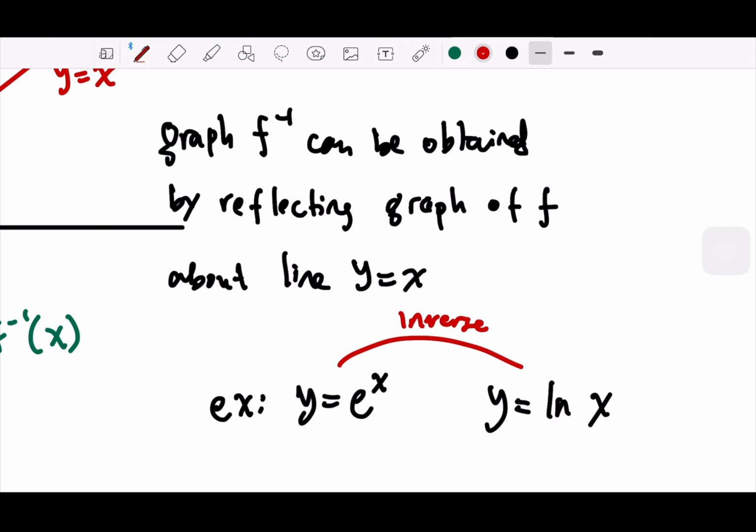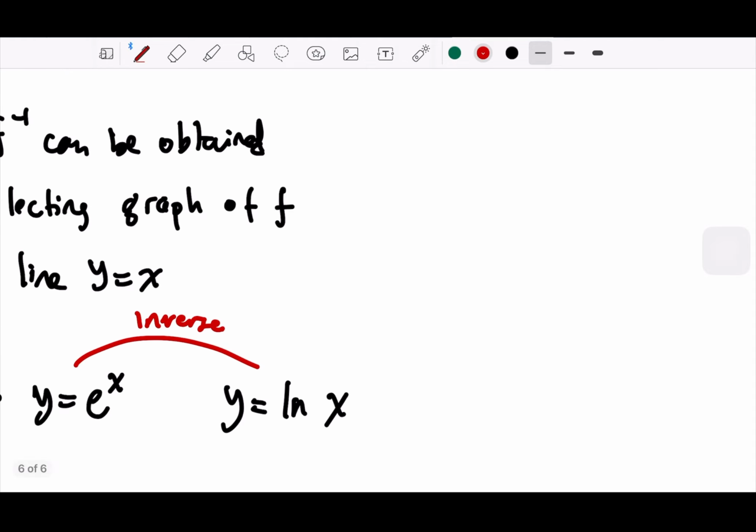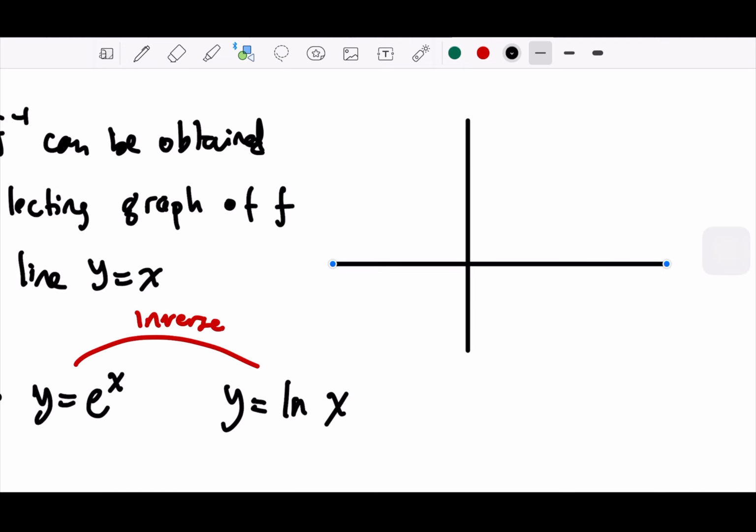I think in visuals it is easy to prove. Your graph of e is like this, and your log is right here, right? If you remember the e and then log. Maybe like that.